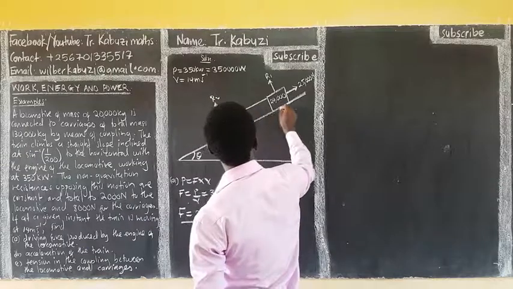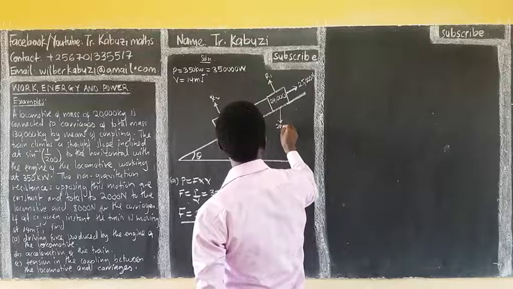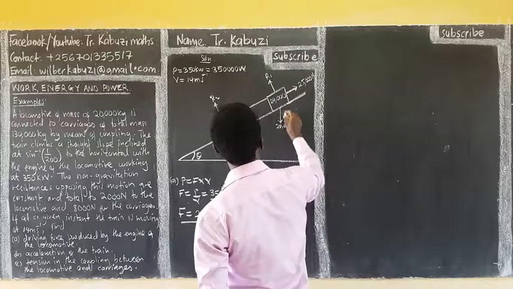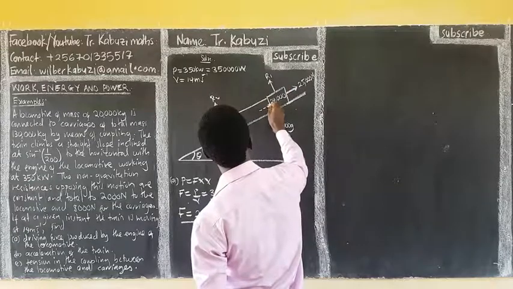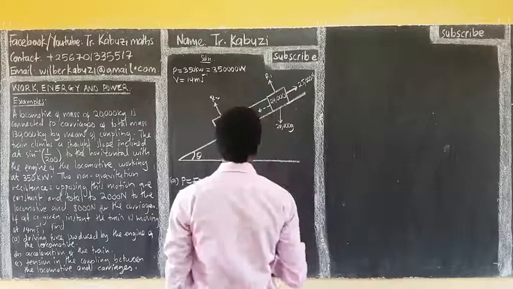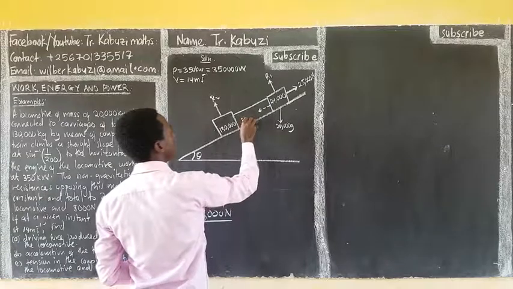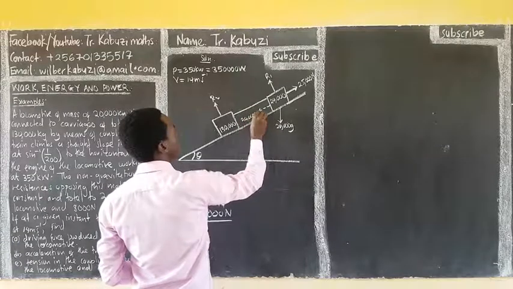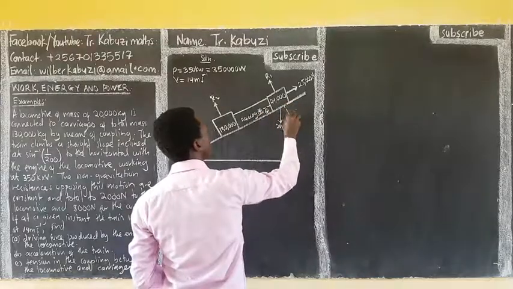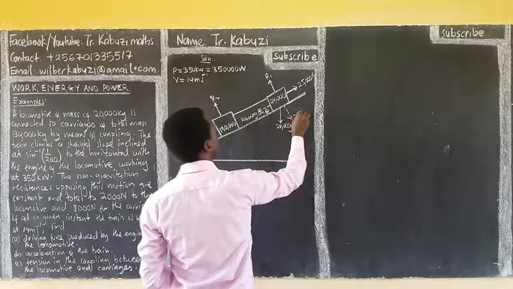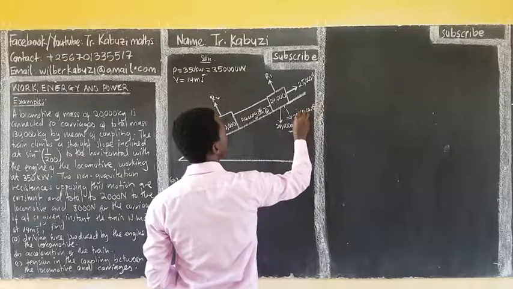If you resolve this one, its weight is going to be 20,000 g, and resolving that weight, we get 20,000 g sine theta. Then this side, we shall have 10,000 g cos theta.